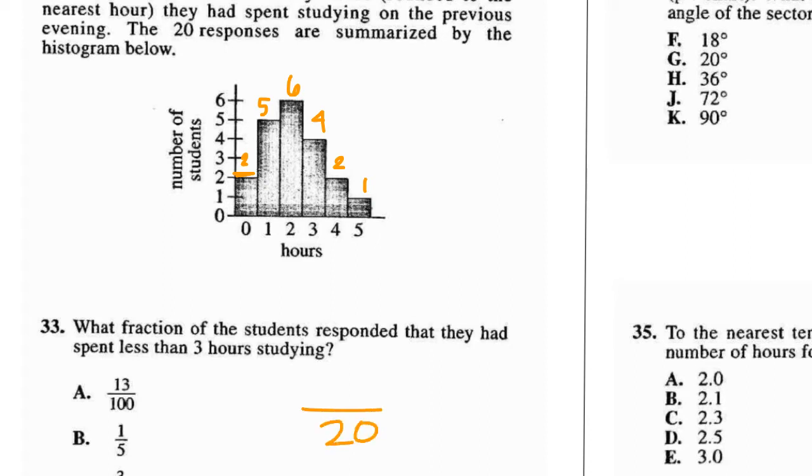And now let's see, spent less than 3 hours studying. So less than 3 hours studying would be 2 hours, 1 hour, or no hours studying. So what numbers go with that? That would be 6 plus 5 plus 2. So it looks like we're going to get answer choice D.